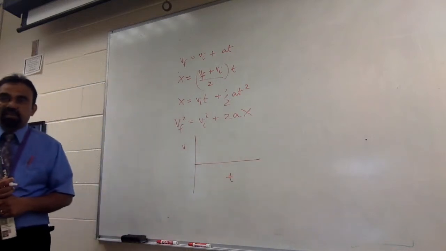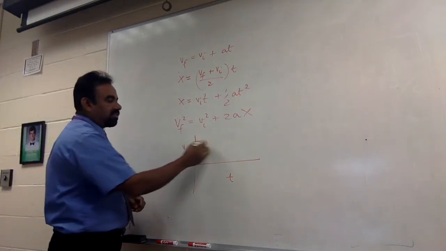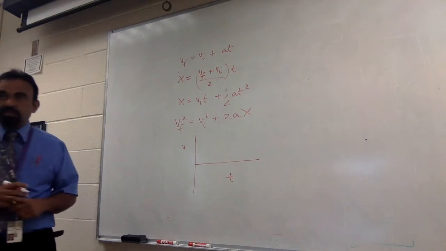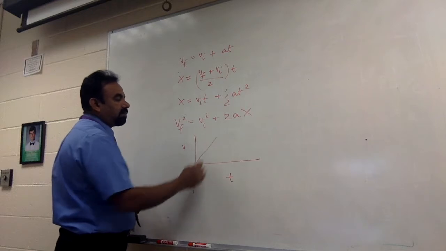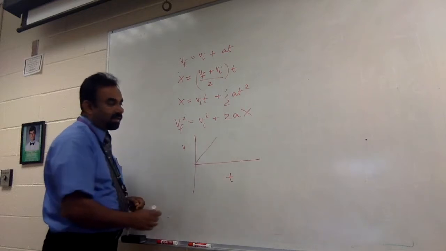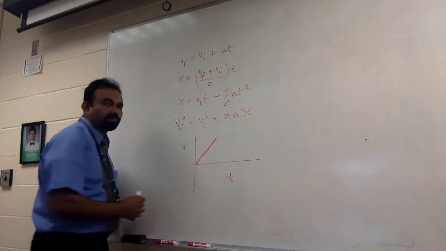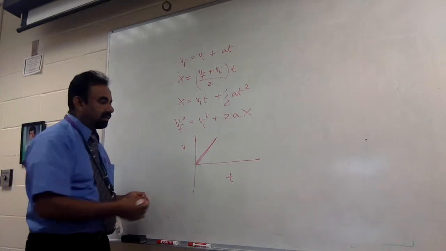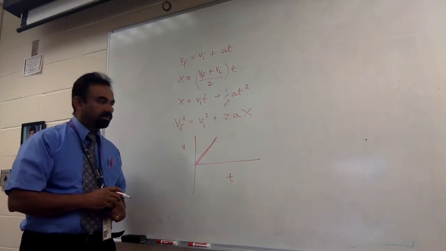What about a velocity time graph? A velocity time graph, you've seen all those different features of the graph. If a graph is a horizontal line, what does it mean? Constant velocity, and if it's accelerating, it's going to be shaped that way, constant acceleration. So how do you find the constant acceleration? The slope. If you find the slope of the line, then you should be able to find the acceleration.